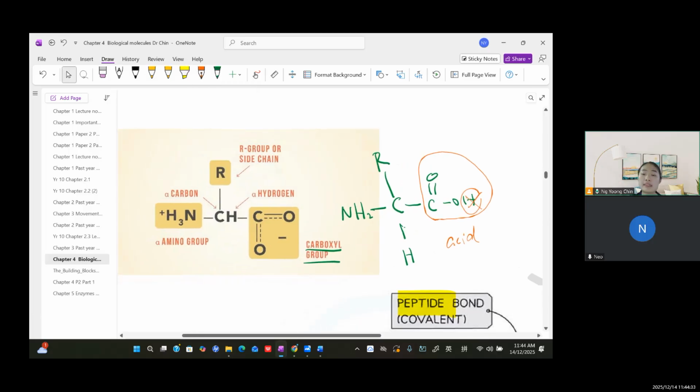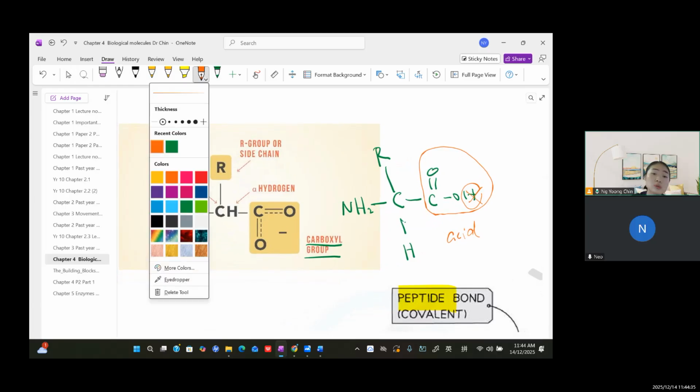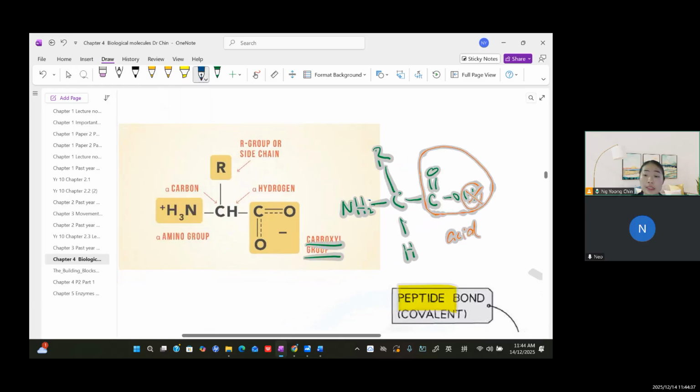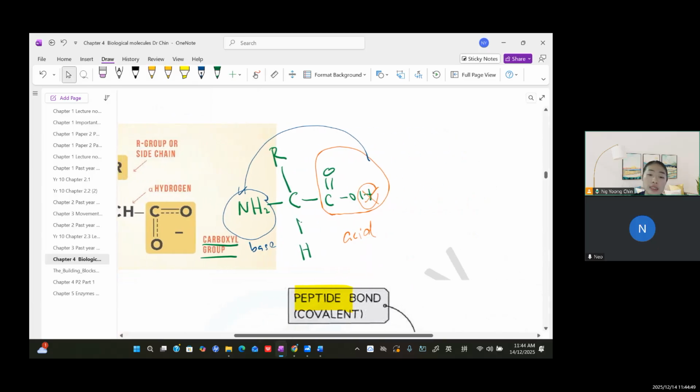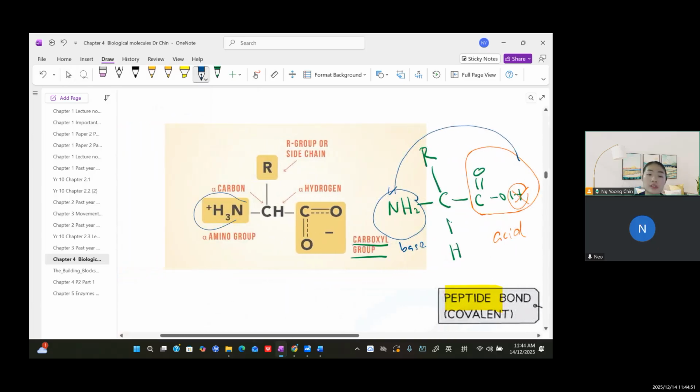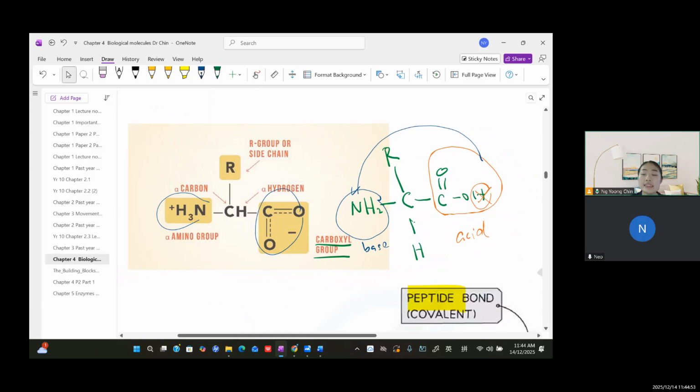Then how about the base? The base is the NH2. This is the base, okay, NH2. So what will the base do? Bases tend to accept hydrogen atoms. So they go to here. So at the end, you form this kind of charge. Because COOH loses one hydrogen atom, that's why it becomes negative.